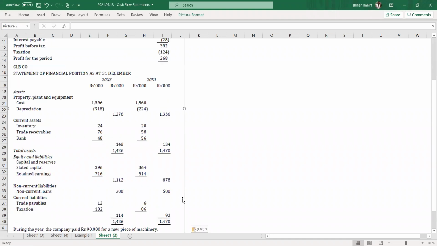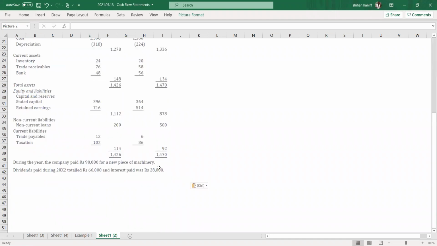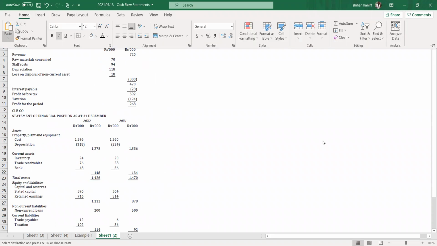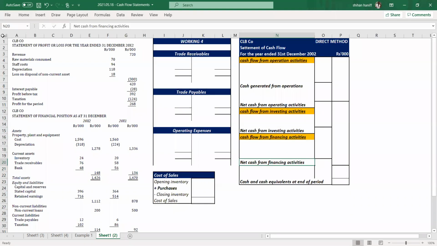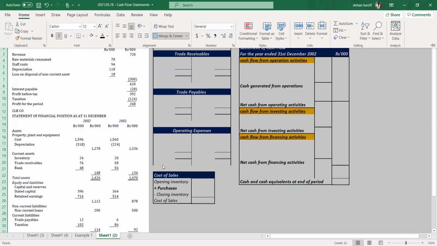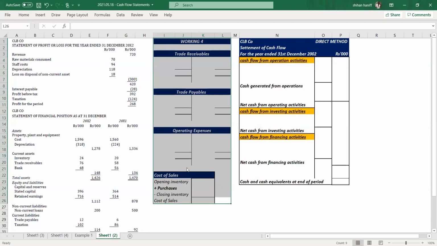Same question. So direct method, these are the workings. For most of the questions, you need to do these workings. Ledger accounts for trade receivables, trade payables, operating expenses, and cost of sales. And draw the format for direct method.